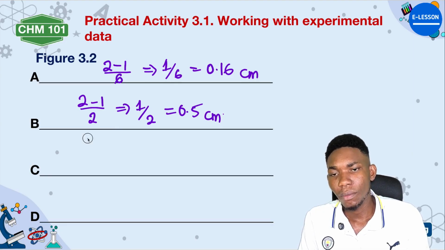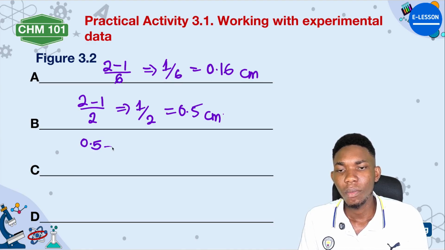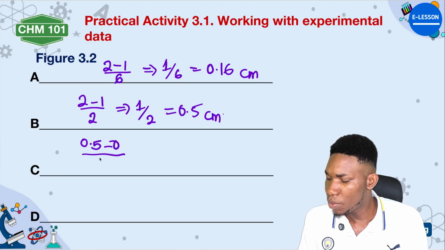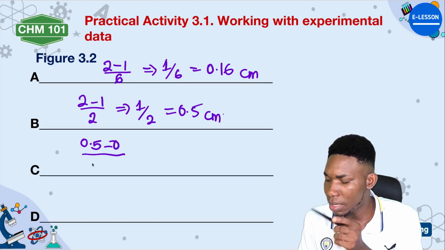So you have half minus 0. Half is still the same as 0.5. All right, so I can write 0.5 minus 0 divided by, between 0 and that half, how many points do you have? If you count, this is like 1, 2, 3, 4, 5, 6, 7, 8.